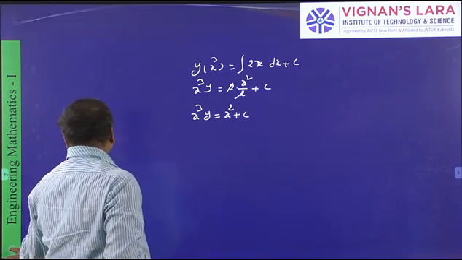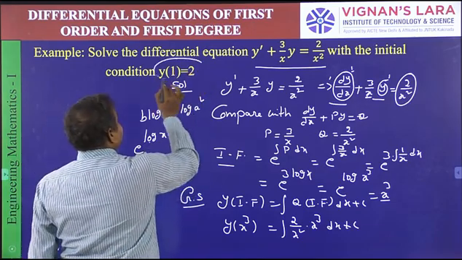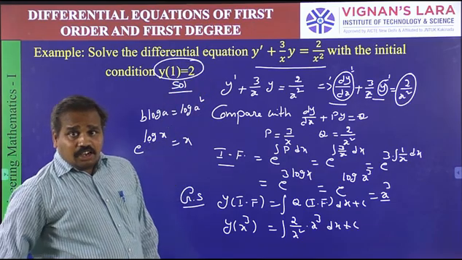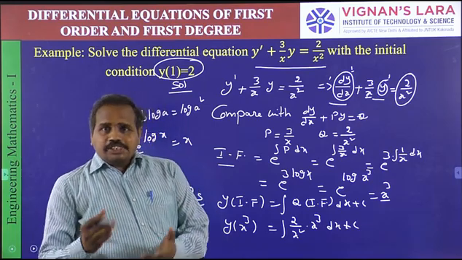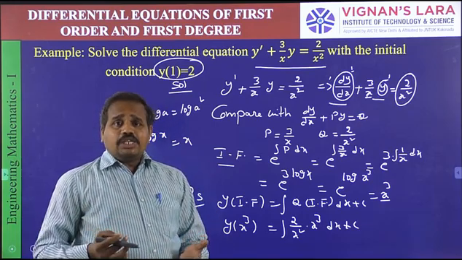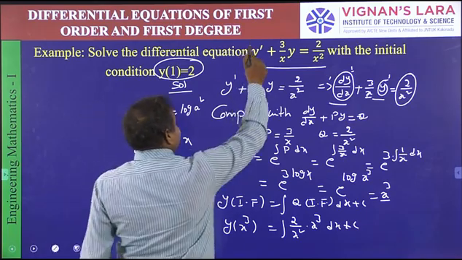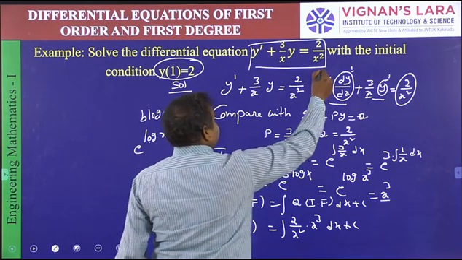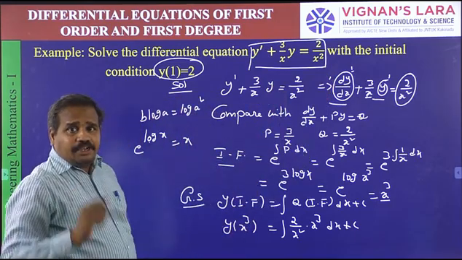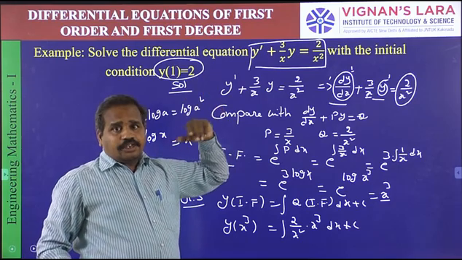So what is the condition? I got the general solution. After that he mentioned an initial condition. What is the meaning of initial condition? If he mentions the initial condition, it means we have to evaluate the constant value in the general solution. This equation is a first order differential equation, so we will get one arbitrary constant. If it is a second order differential equation, we will get two arbitrary constants.